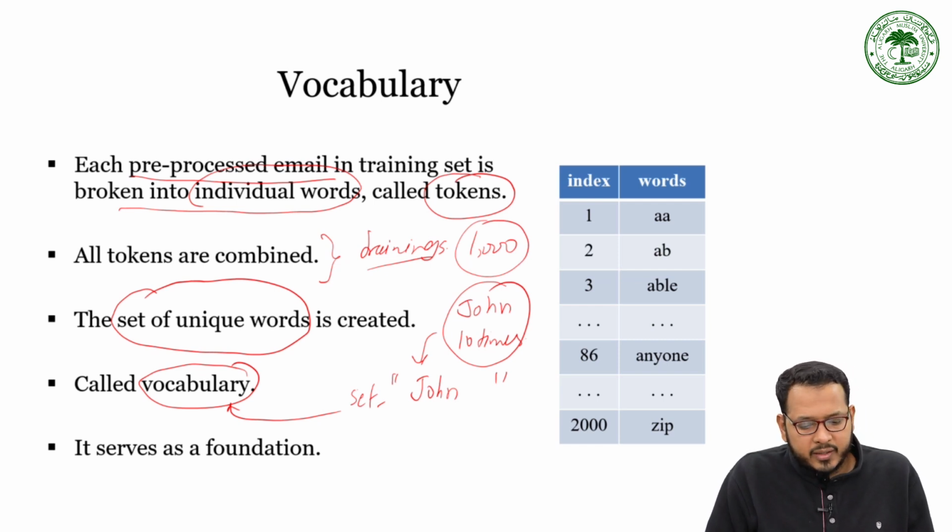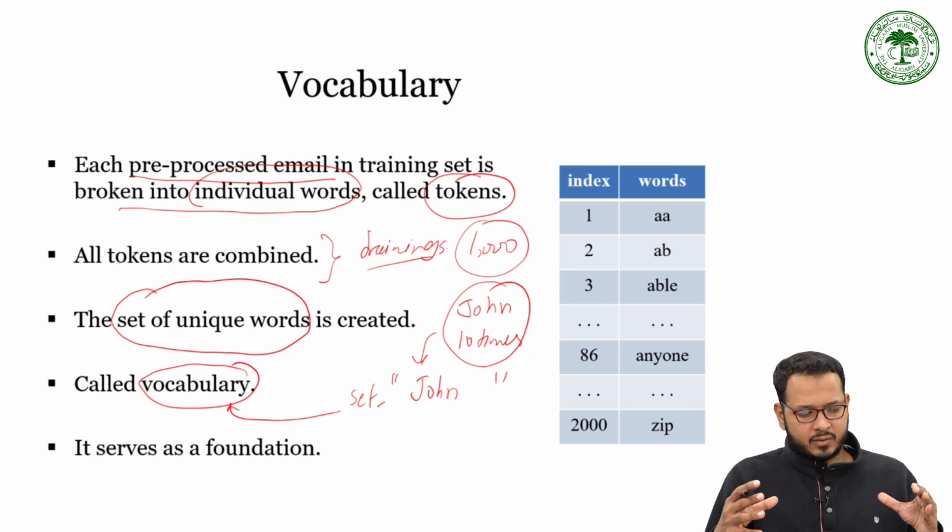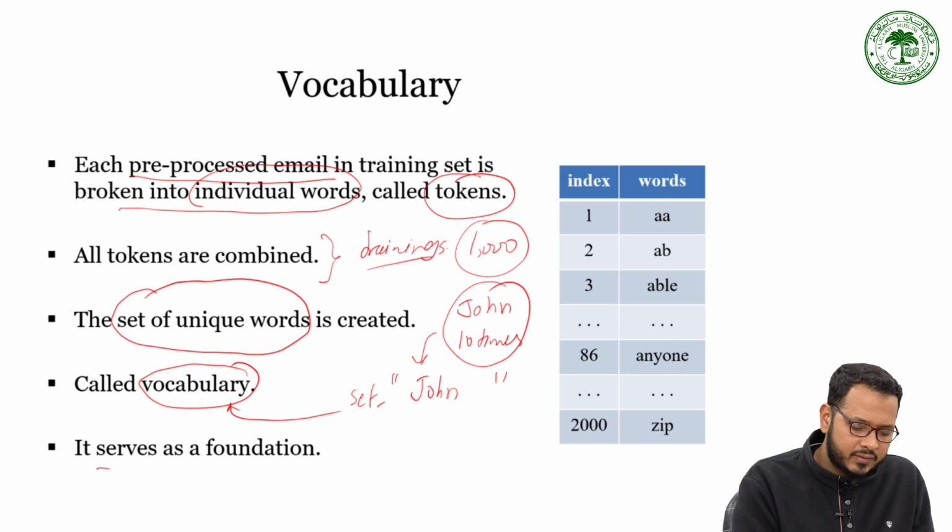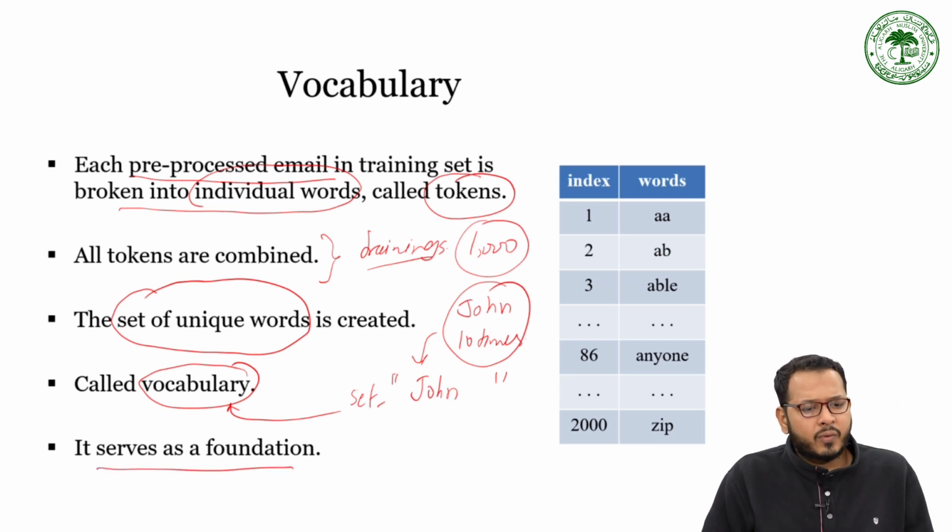So before doing text classification in the bag of words approach, or the traditional approach, we first come up with a vocabulary. The vocabulary is the set of all the unique words that have appeared in the training set after carrying out the pre-processing step, and it serves as a foundation for further classification.